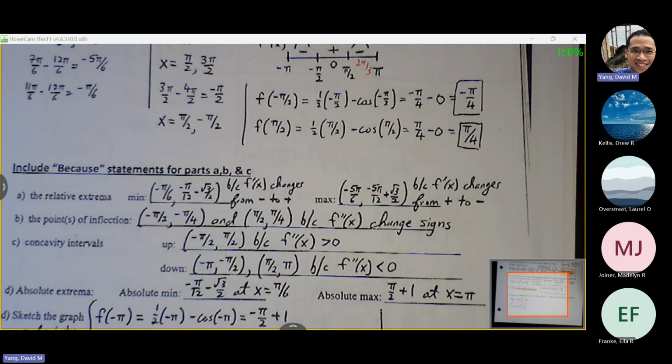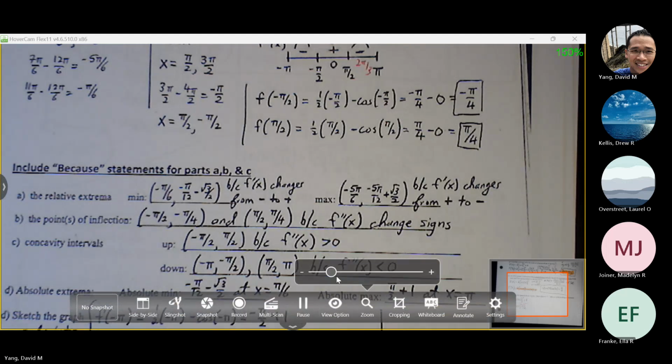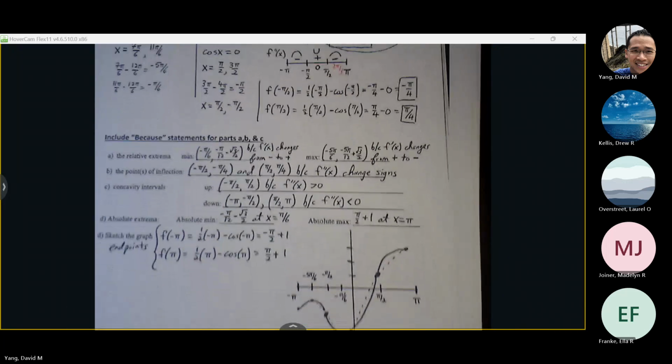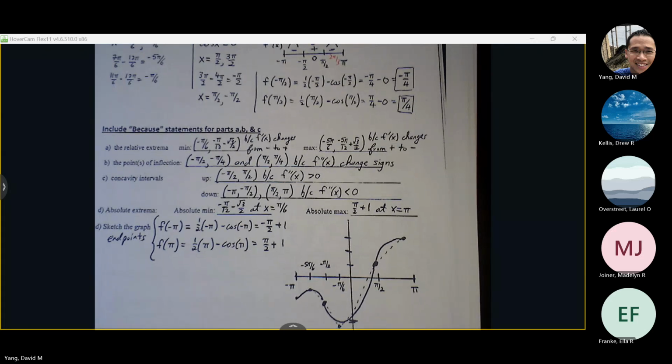And that's just reading off of the sign lines of those increase or decrease. I thought the relative min would just be negative pi over 6, because that's like on our side line that we did.